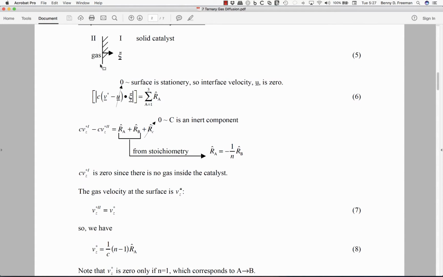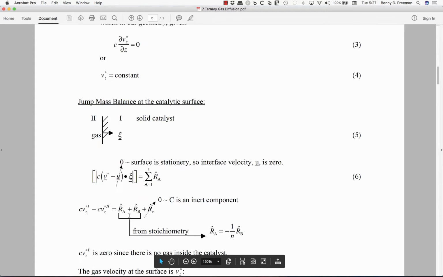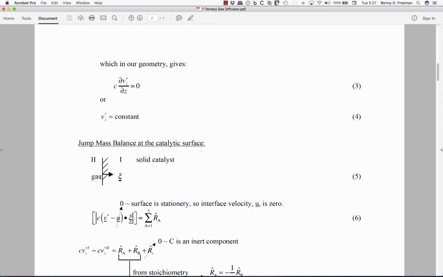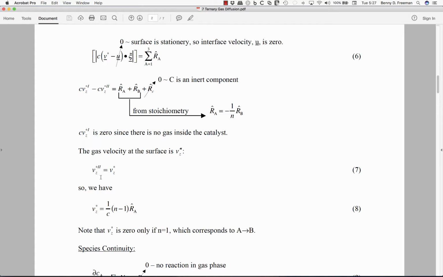The gas phase velocity at the surface of the catalyst is Vz star, so what I'm labeling as Vz star superscript 2, the molar average velocity in the z direction at the catalytic surface, is equal to the molar average velocity throughout the gas phase, simply because the molar average velocity throughout the gas phase is a constant, and it is therefore equal to its value right at that catalytic surface.